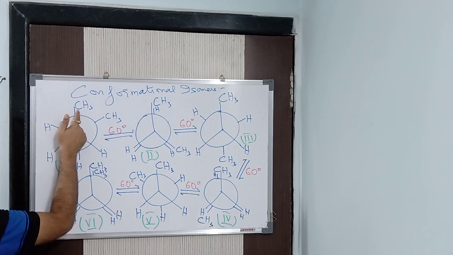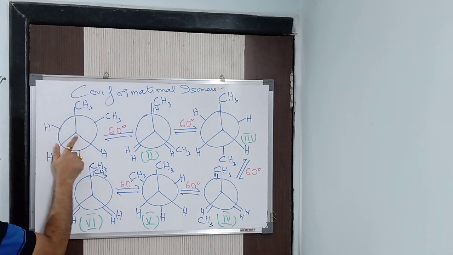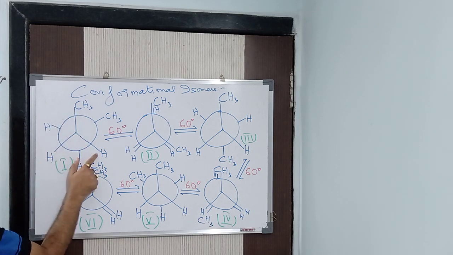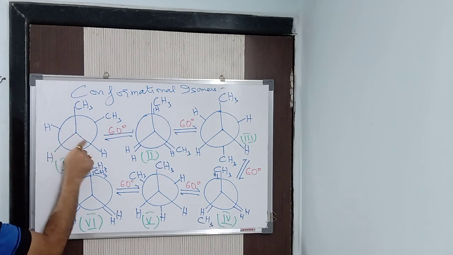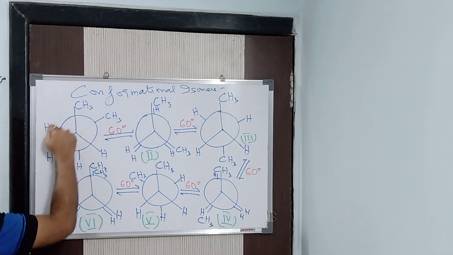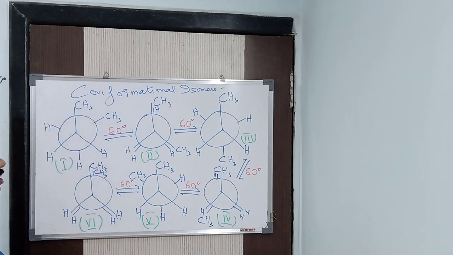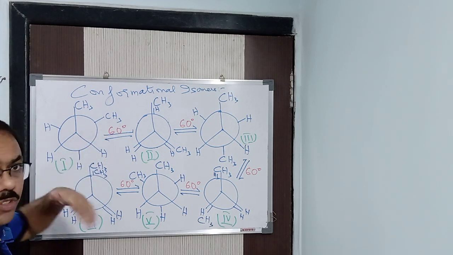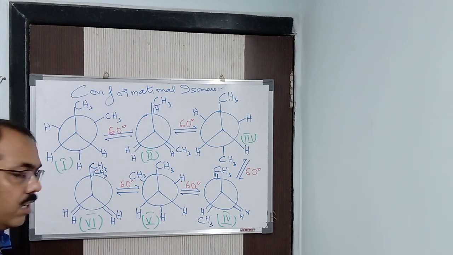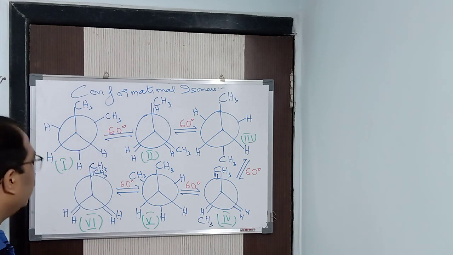Again I repeat, CH3, this carbon, then this carbon having 2 hydrogens, CH2. This is another carbon, attached to CH2 and this CH3. In this way we have butane. I have drawn butane in another manner also, in Newman projection. That also can be done.